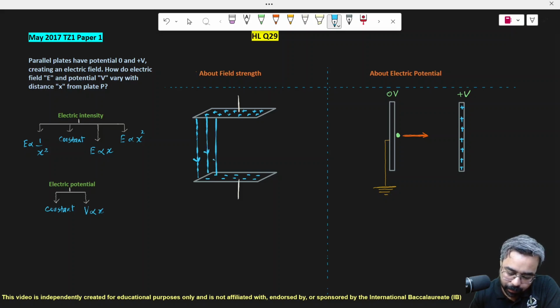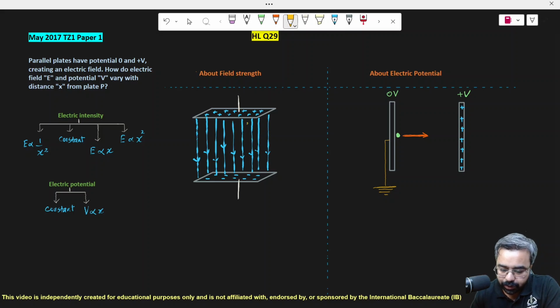We represent it with the help of these parallel lines. And why parallel lines? Because the field is constant irrespective of the position of a charge. Whatever point you take between the plates, whether that point is close to this plate or close to this plate, at both of these points the electric field is constant.